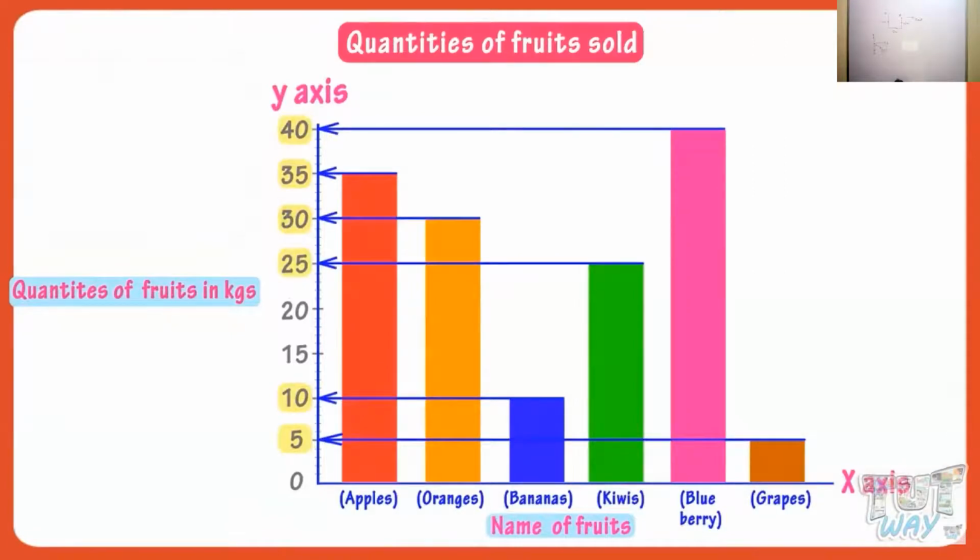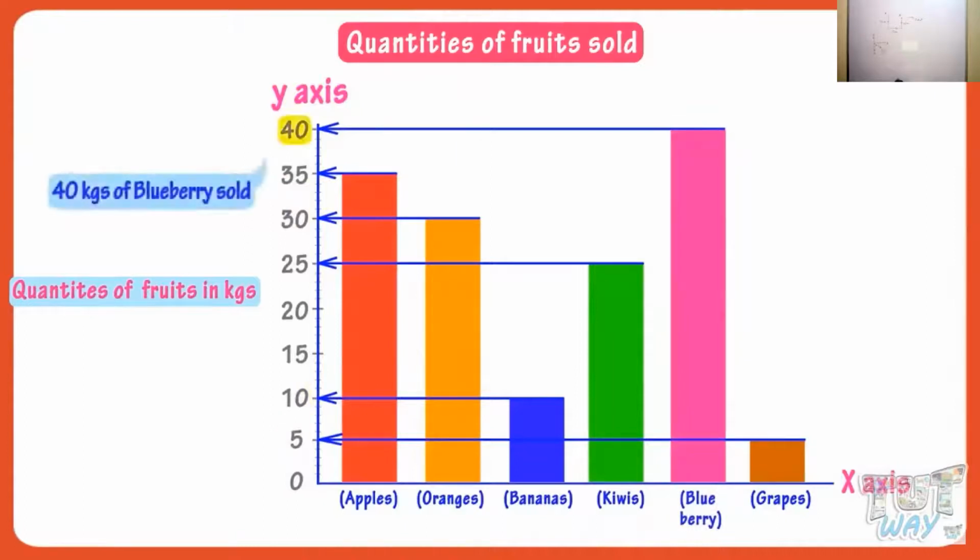Length of the bars is measured with the vertical scale along the vertical axis or y-axis. As the numerical data is given on the vertical axis. This axis is the vertical axis which shows 35 kg of apples sold. Quantity of oranges sold is 30 kg. Quantity of bananas sold is 10 kg.